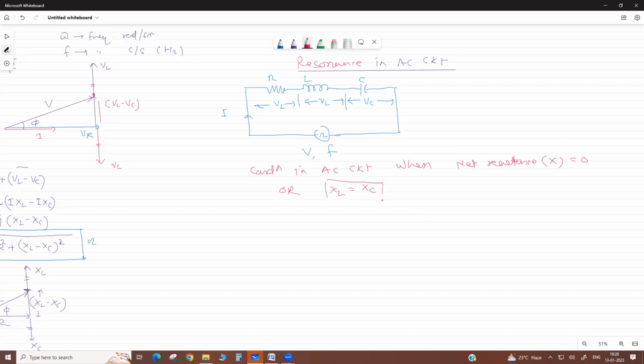You can write XL equals XC. This is the condition for resonance, okay?